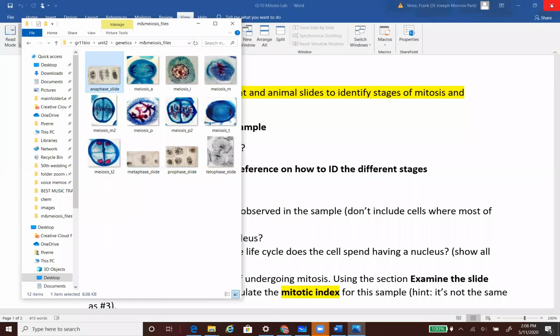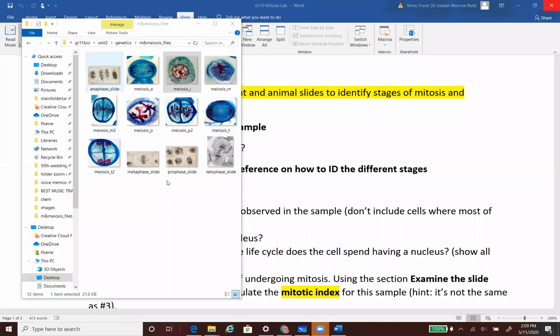If I look at, for example, let's see, I thought I had some other slides here. Hold on. Maybe not. Okay. So, for example, something like this would be prophase because you can kind of make out the chromosomes.